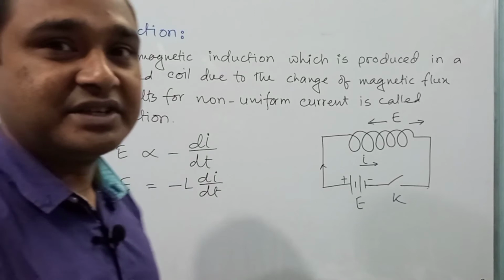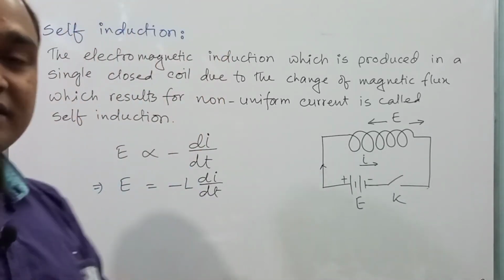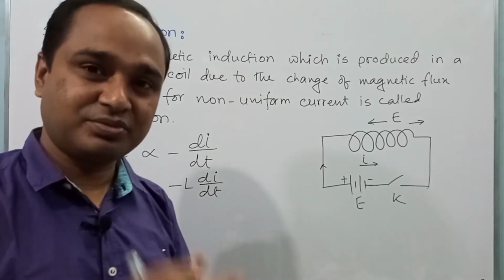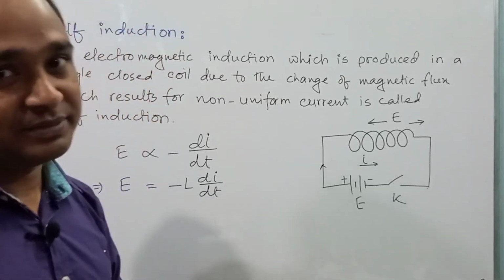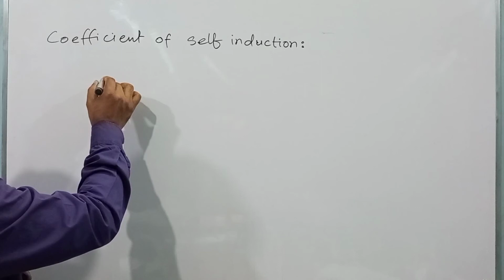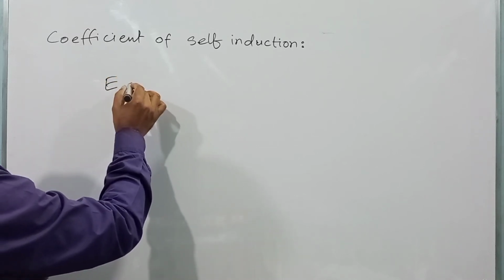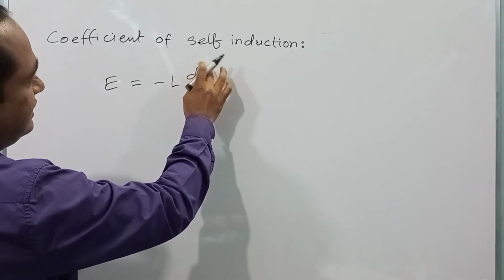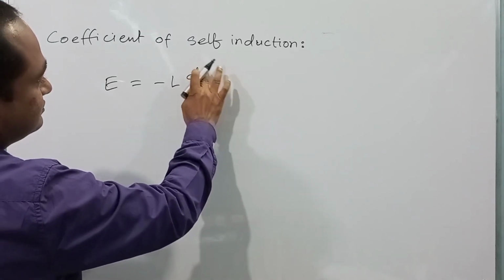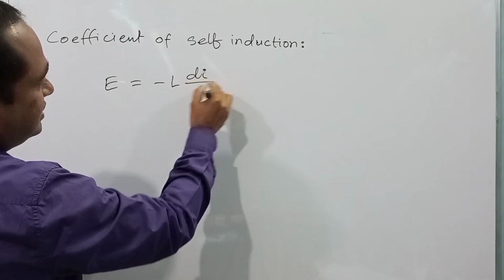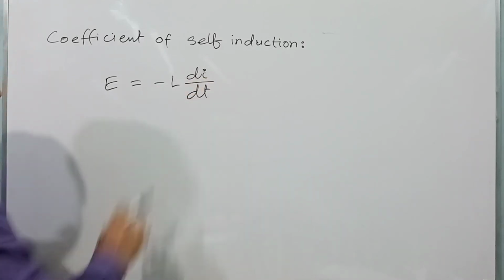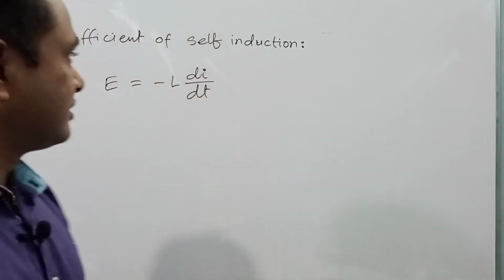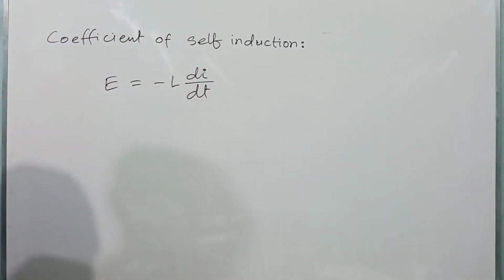Now, we will see the definition of L, or coefficient of self-induction or self-inductance. We have already learned that the induced EMF E is equal to minus L di by dt. Here L is a constant of proportionality which is known as coefficient of self-induction or self-inductance.